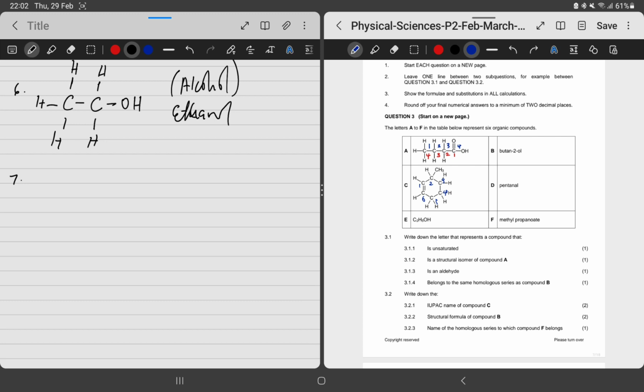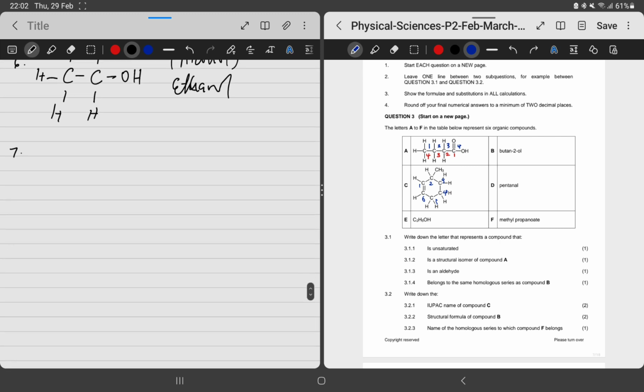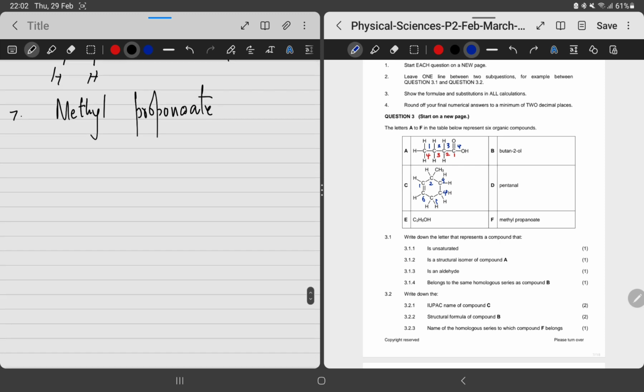Number 7. Methyl propanoate. Okay, that is definitely an ester. So this is how we can write the structural formula. Esters are made up of carboxylic acids as well as alcohols. Propanoate: this part will come from the alcohol. Meth means 1 carbon, so it is 1 carbon. It's going to look like that.